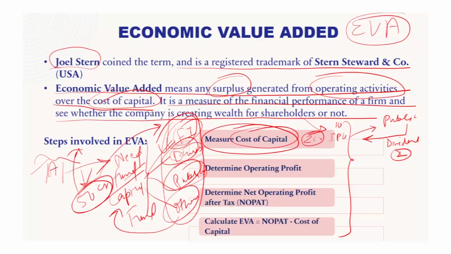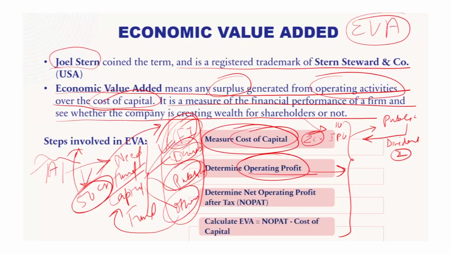Now, what will the public be getting from you? They will be getting some kind of dividend. Suppose the share price is rupees 10, and the dividend that you are paying is rupees 2. So 2 rupees per share is your cost of capital. Cost of capital is the total cost that you are paying for getting the capital from the different sources.